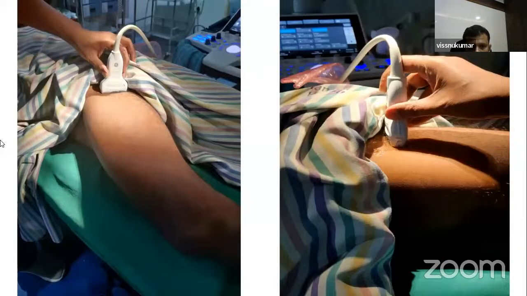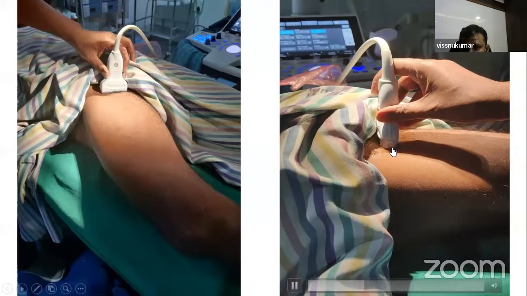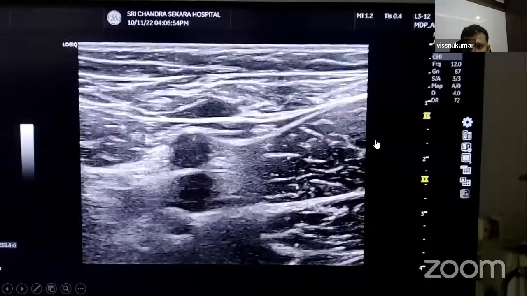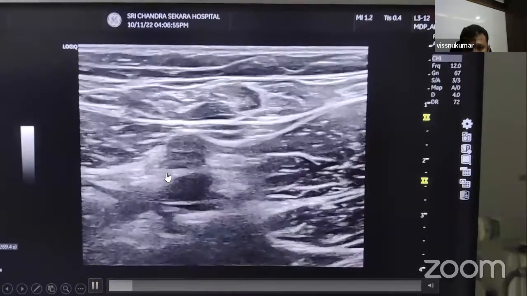now see here, this is just a model example. I palpated the femoral artery, I have placed my linear probe, and I am seeing the image. Then if I'm seeing 2 or 3 arteries, I have to move the probe cephalad. And this is the image which I got initially, you can see.